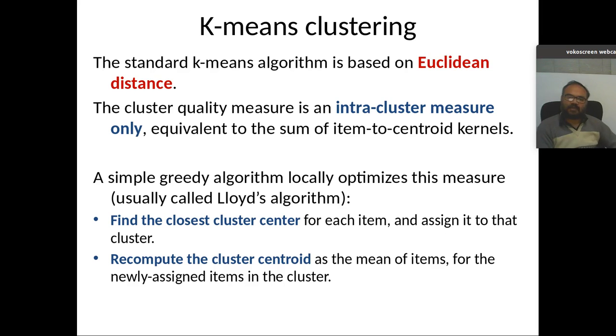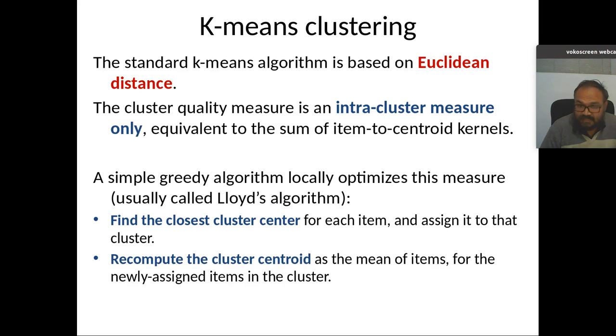And the cluster quality measure is an intercluster measure only in k-means, and it's equivalent to the sum of item to centroid kernels. The centroid kernel is basically the mean of each cluster. So a cluster would be of good quality if the sum of all items to their centroid kernel is a small number.